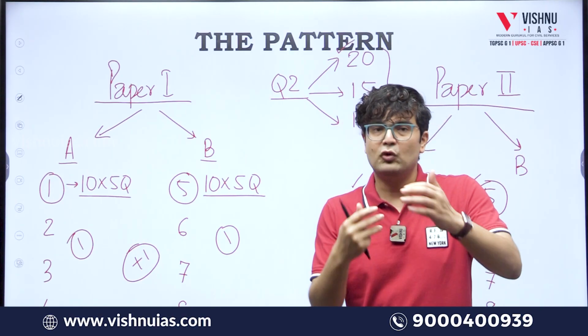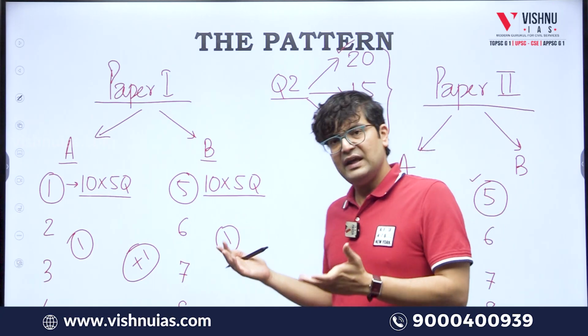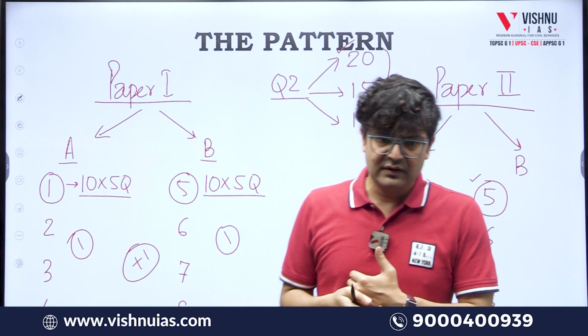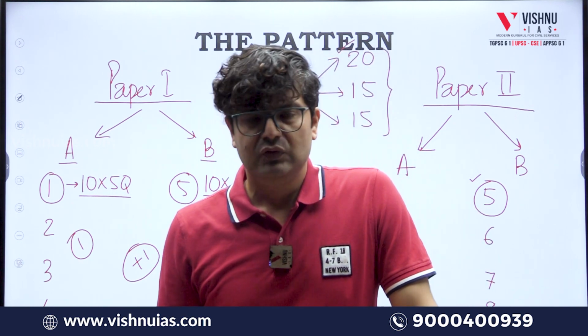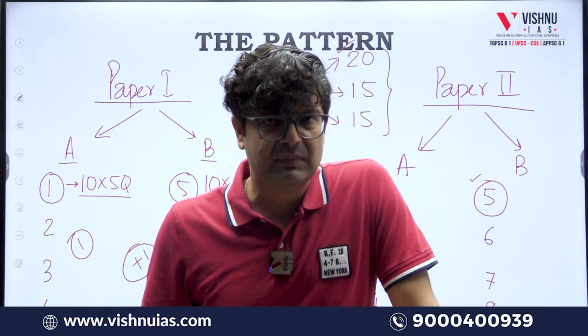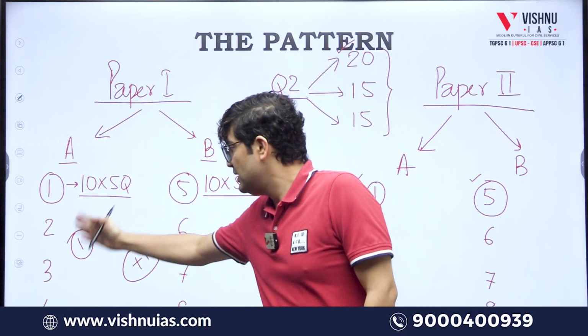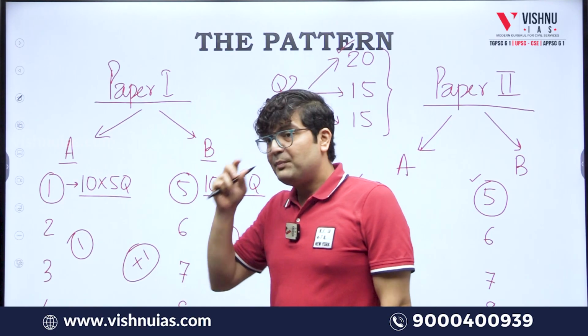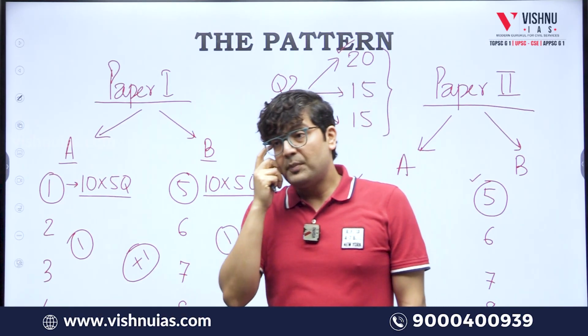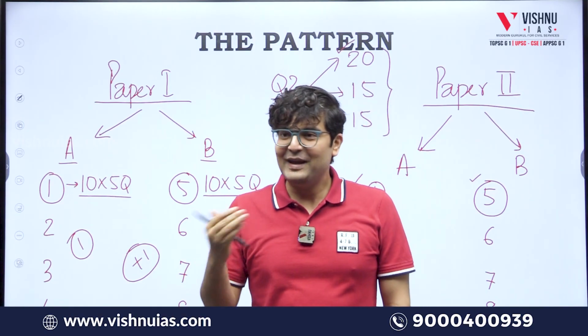We can't skip a big portion. Of course, in any optional, there will be certain topics which do not really have questions, so those can be skipped in general. But yes, skipping big portions in an optional subject is not advisable, so that plan won't work.